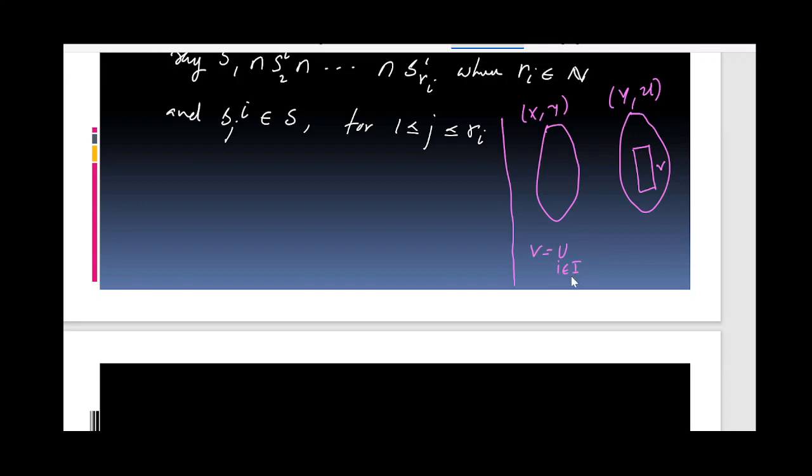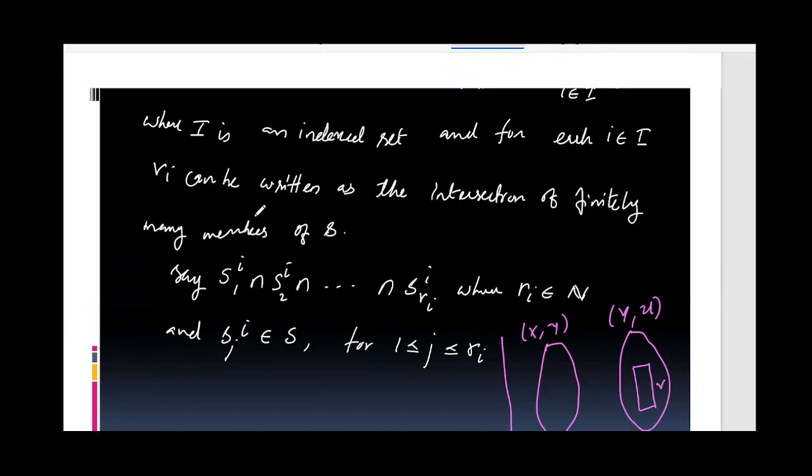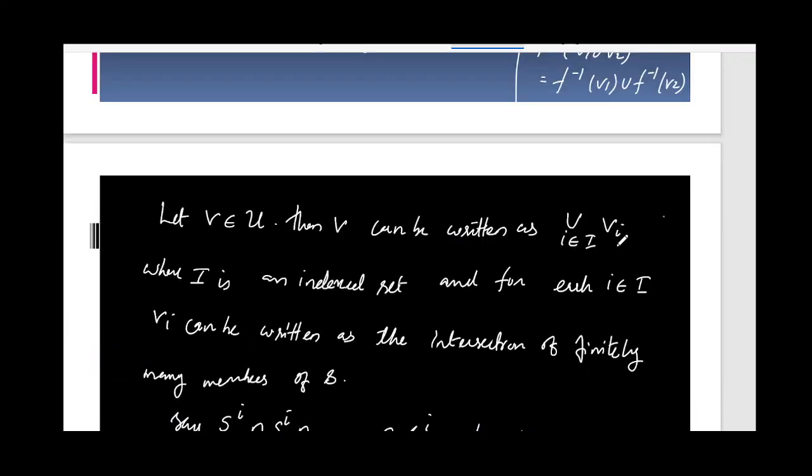So i belongs to I. I'm taking those base elements as Vi. So Vi are going to be my base elements, right? And you know the definition of base and subbase?